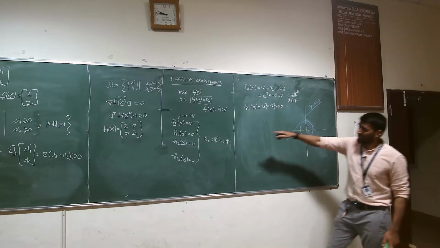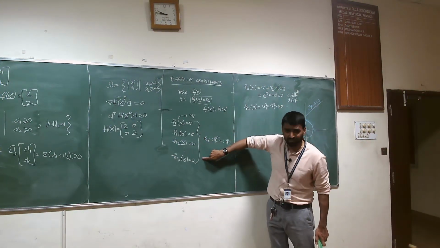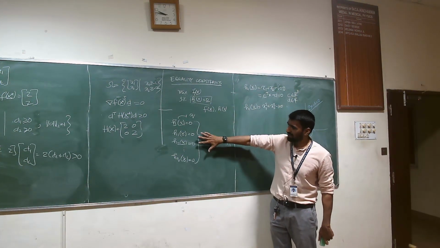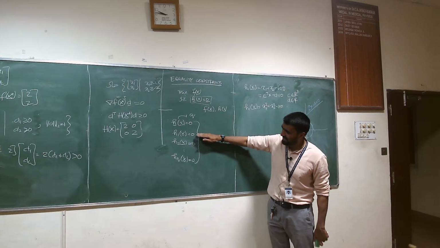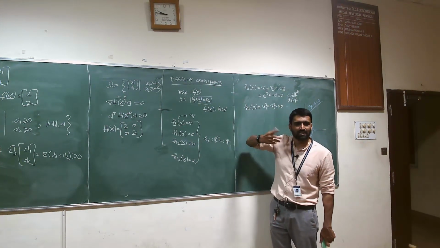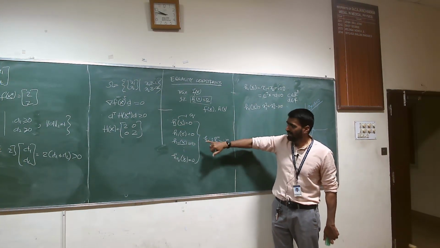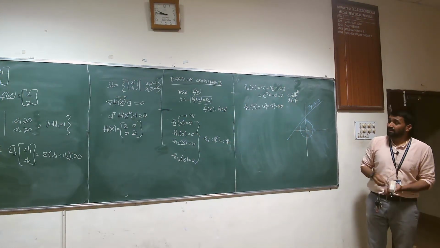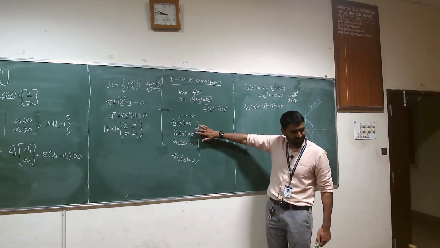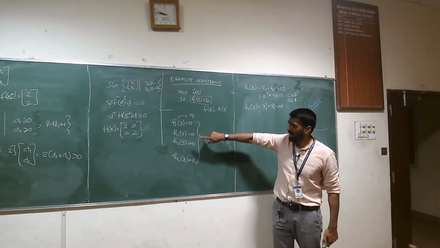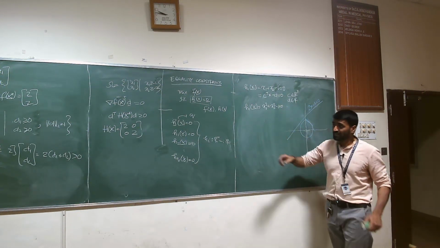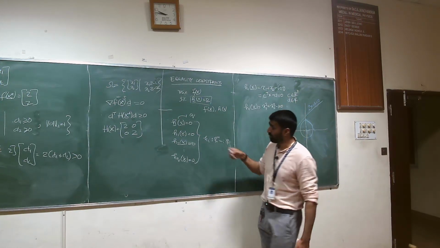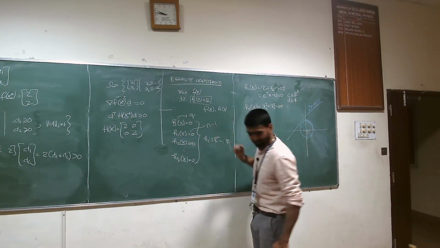Sorry, hold up, each one of these defines a manifold of some dimension. The dimension of each one of these describes a manifold of dimension n minus 1.